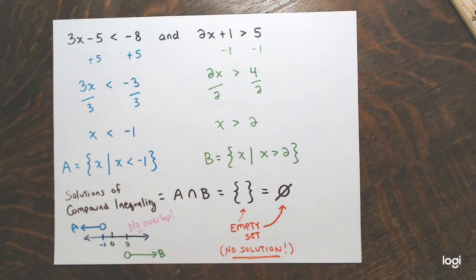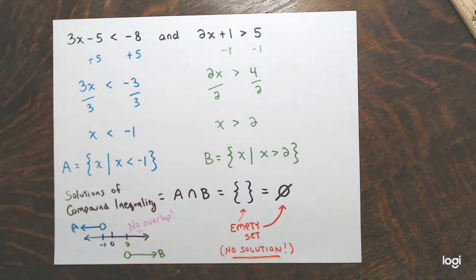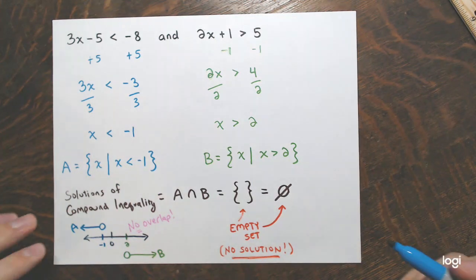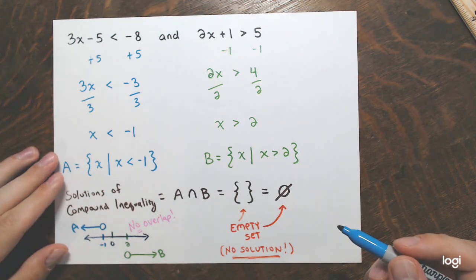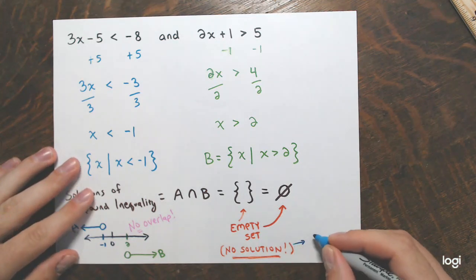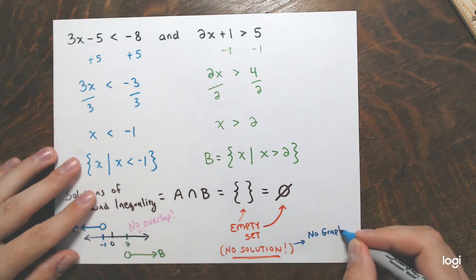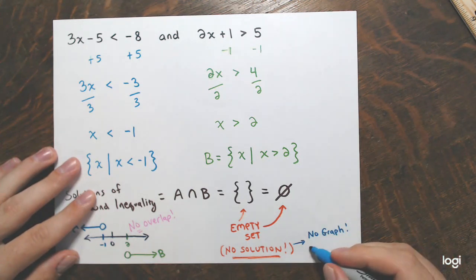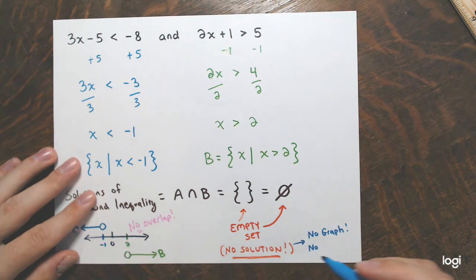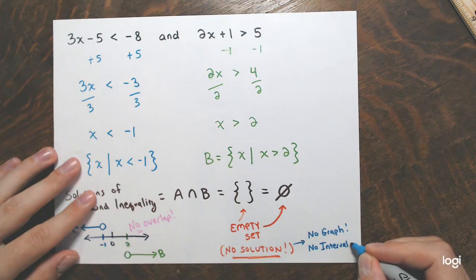The last one had the interval from 1 to 3, right? You'll write an interval when there are actually infinitely many solutions on the real number line. So no solution implies that there's no graph, because all a graph is, is a picture of solutions. And if there's no solution, there's no interval to draw either.